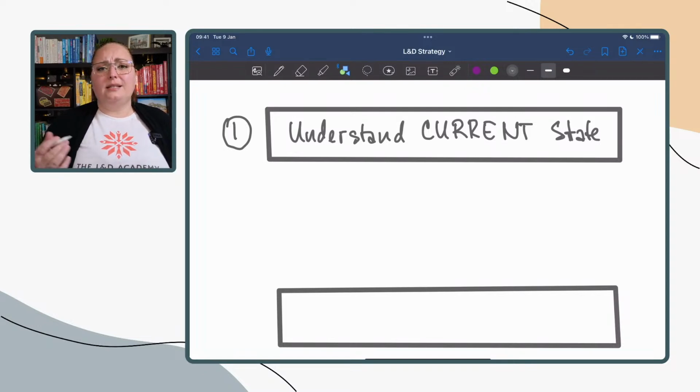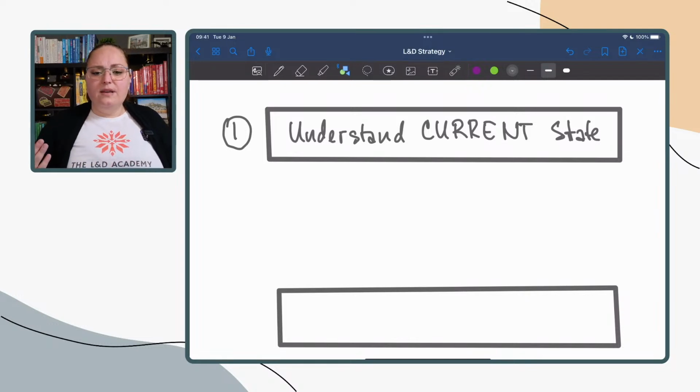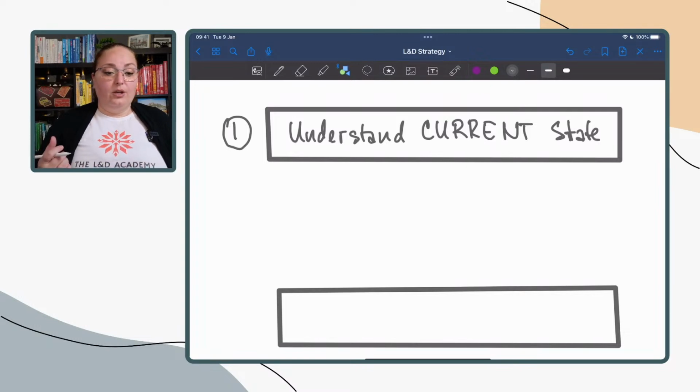But also look at your exit interviews, look at what new hires are providing as feedback, look at the 360-degree feedback that people are giving you, look at the usage on the learning management system if you have one, check out the performance ratings. If your company uses competency frameworks, take a look at those, understand what the current state is.